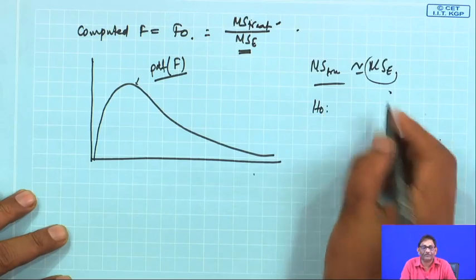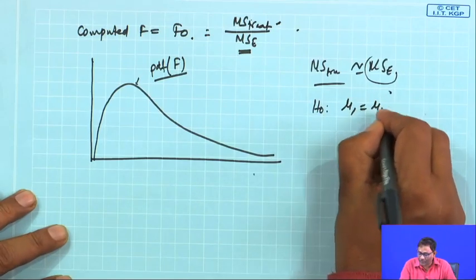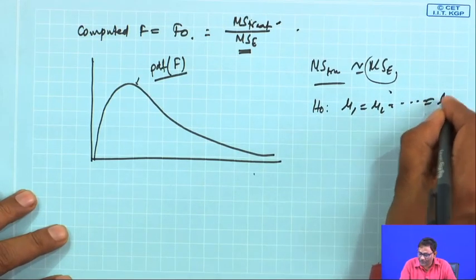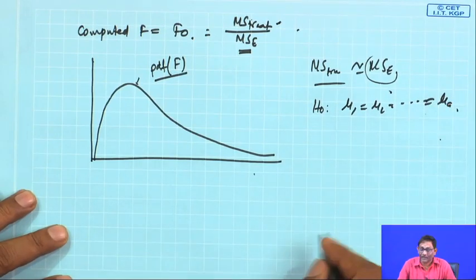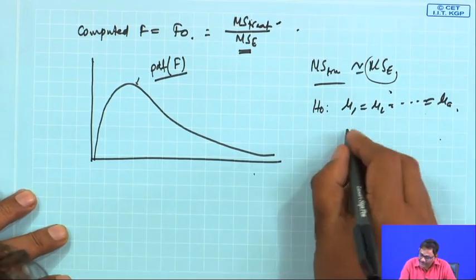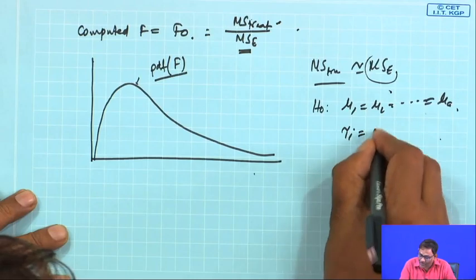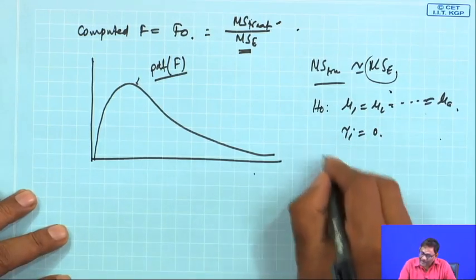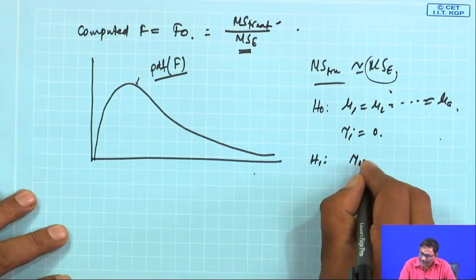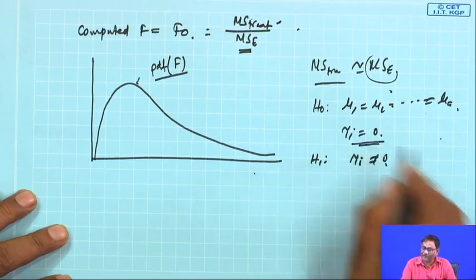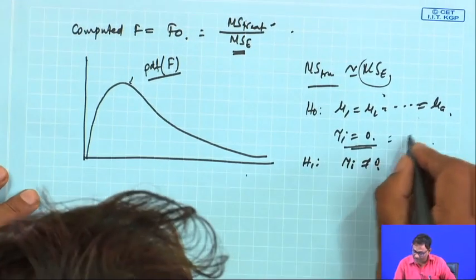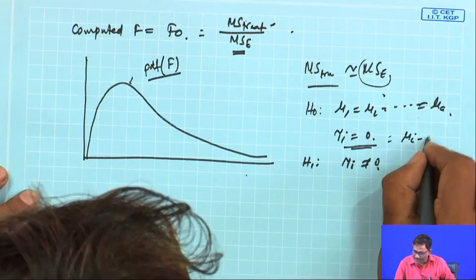So, this is my H0: mu 1 equal to mu 2 equal to mu a. The other way I can write it: H0, tau i equal to 0, and H1, tau i not equal to 0. What is tau i? Tau i equals mu i minus mu.